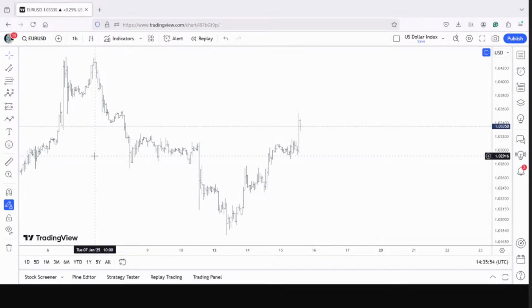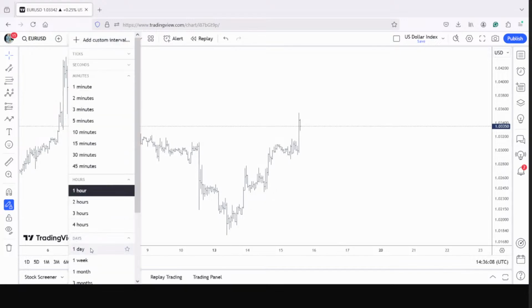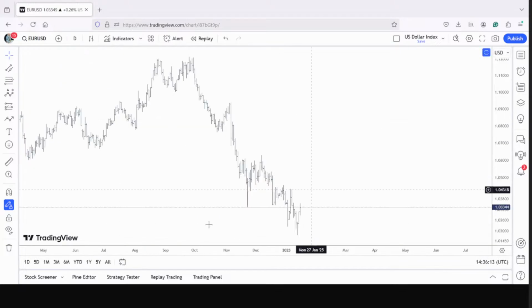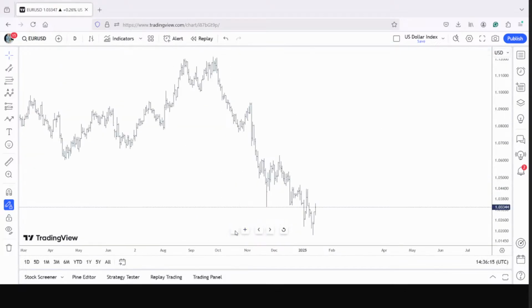So from a trading point of view, we are good to remain on the long side. If you have booked profits, please don't worry. There is going to be a pullback either now or around 1.0450.